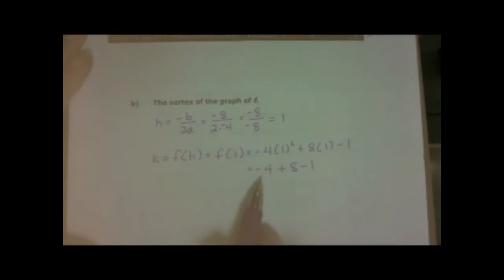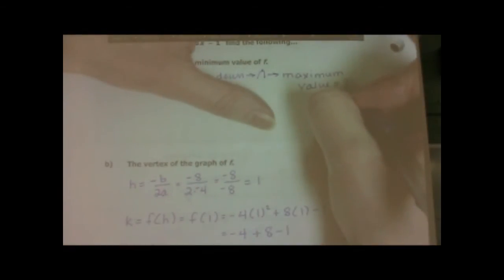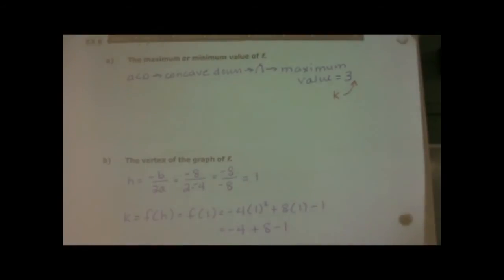So -4 plus 8 is 4, minus 1 is 3. So k equals 3. And this means my vertex is (1, 3). So go back up here to the top where we needed to find our maximum value. That's our k value. So our maximum value equals 3.